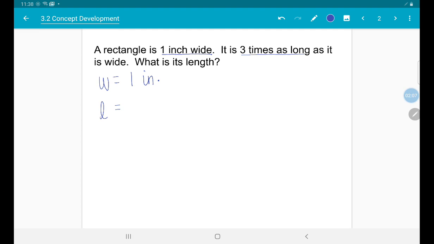But we do have some information in this problem that can help us. It's 3 times as long as it is wide, and we know that the width is 1 inch. So I know to find the length, it's going to be 3 times 1, which is 3 inches. If I wanted to draw a picture to model that, I know the width is 1 inch.